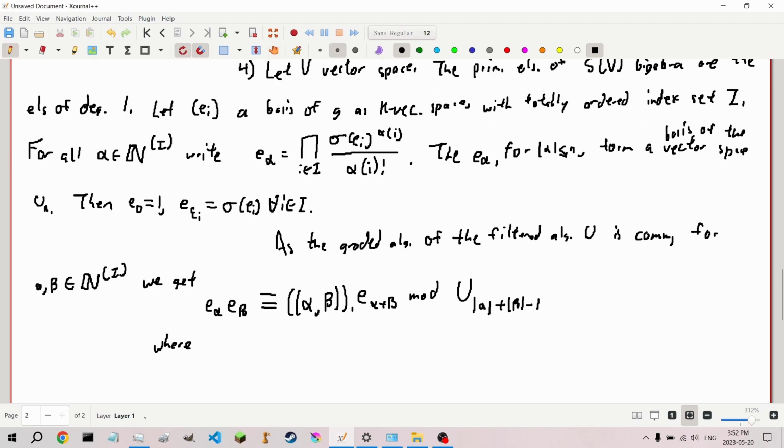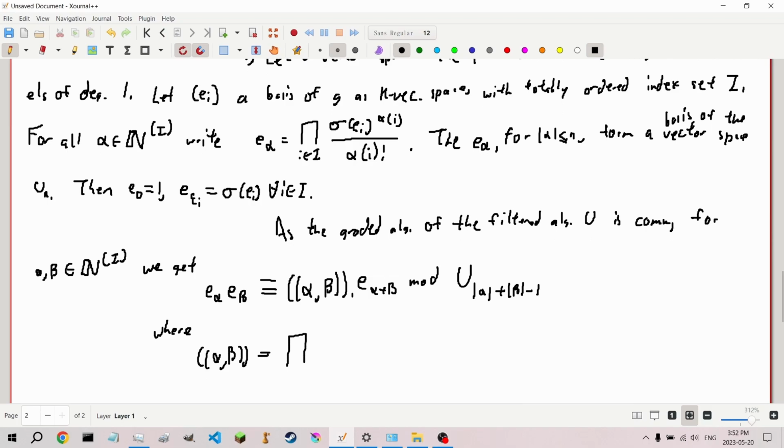where double bracket of alpha and beta is equal to the product along I of alpha I plus beta I factorial over alpha I factorial times beta I factorial.